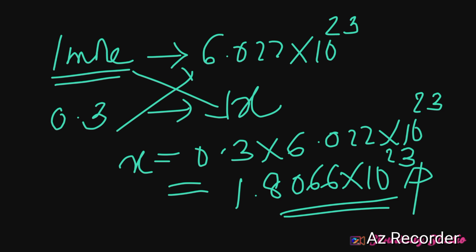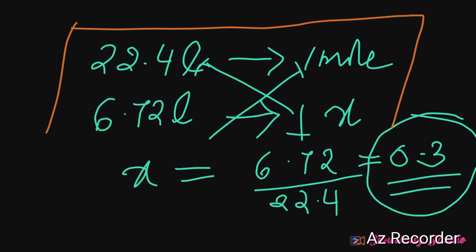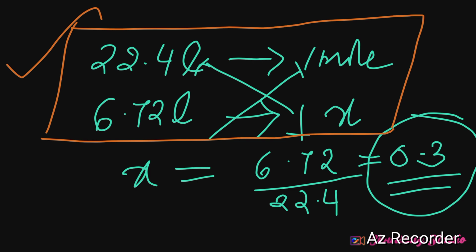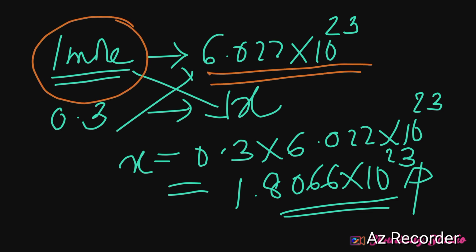The problem is quite simple if you know the basics of the problems related to law of chemical equation, which we have already discussed in the first class. Since 22.4 liters of every gas is considered as 1 mole, we calculate the number of moles present in 6.72 liters. And since 1 mole contains 6.022 into 10 raised to 23 particles, we calculate the number of particles present in 0.3 moles of oxygen gas.